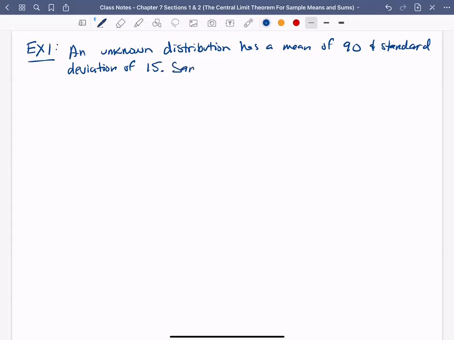We're going to say a sample of size n equals 25. So samples of size 25 are drawn randomly from a population.